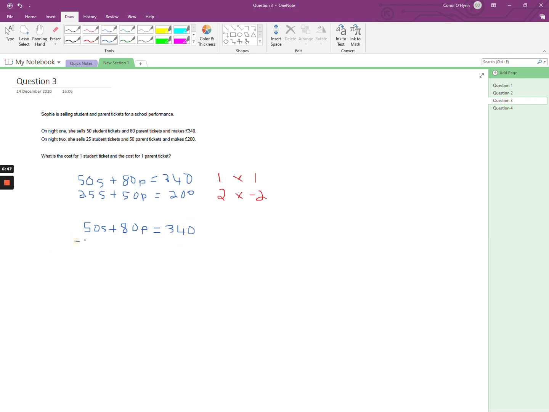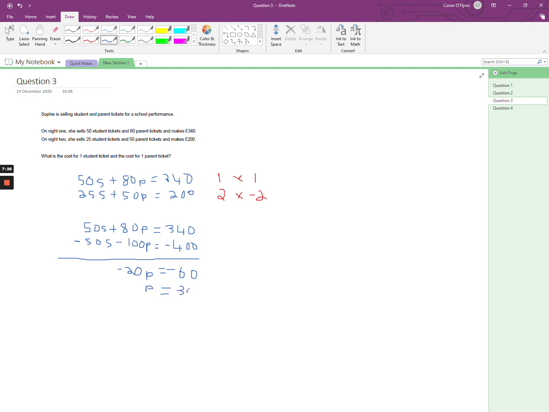And then that'll be minus 50S, minus 100P, and minus 400. So the S's will cancel, and I'll get minus 20P equals minus 60. So I'll be saying P equals 30.